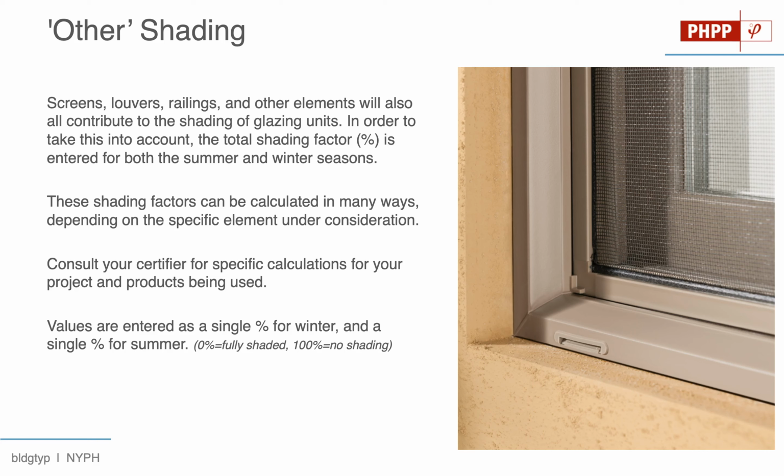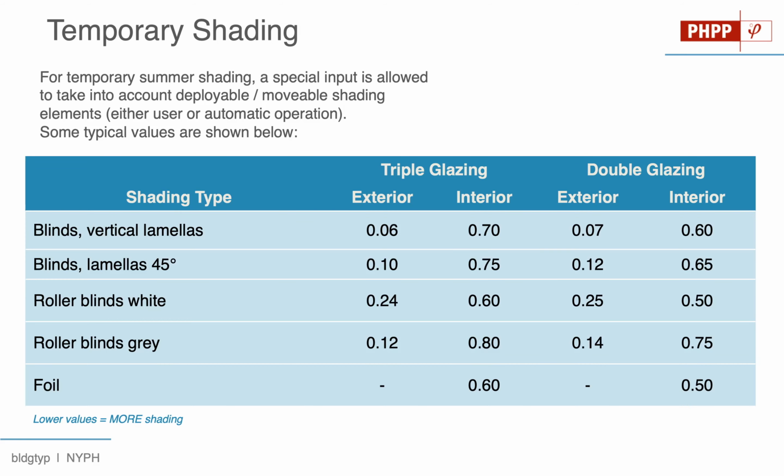So all of our shading factors are some number between 0 and 1, with 0 representing fully shaded, and 1 or 100% representing no shading of the glazing unit. If you do have questions about that, consult your certifier. There are lots of different situations that you might run into there. So do consult your certifier if you do have questions about any of that or any specific implementation of specific products.